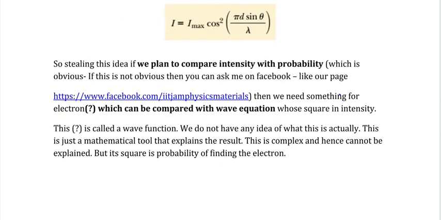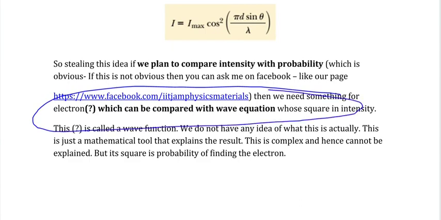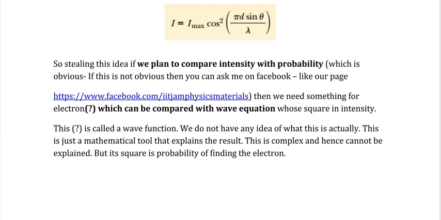We need something here, you see this line in bold with a question mark. We need something in electrons which is comparable to the wave equation in the interference of light, because this wave equation was the key to the intensity distribution. So we need something that will serve as a key to the probability distribution. And that key was our wave function.